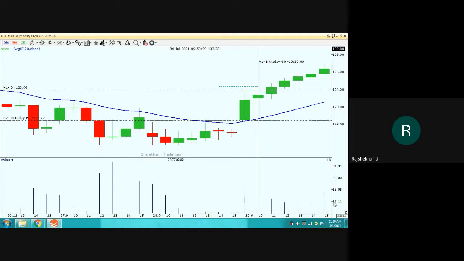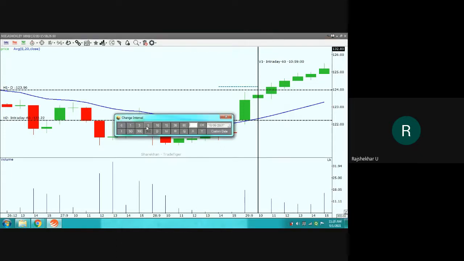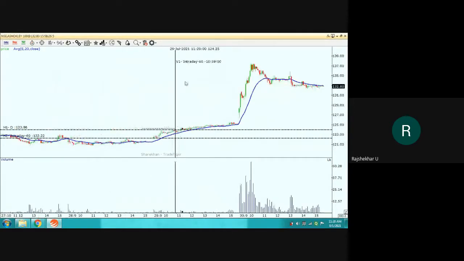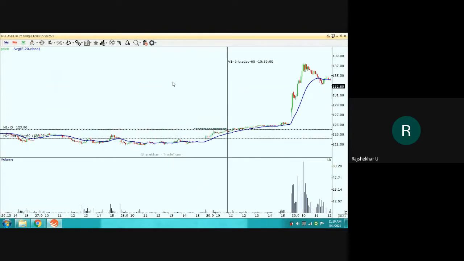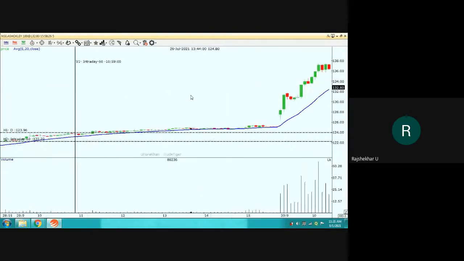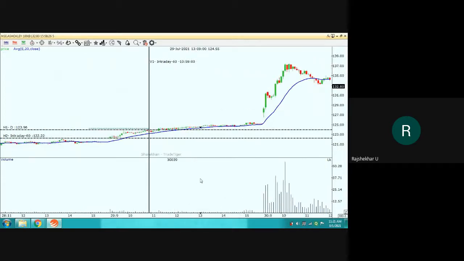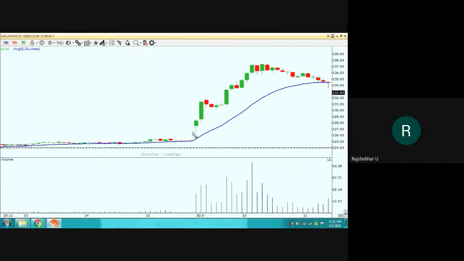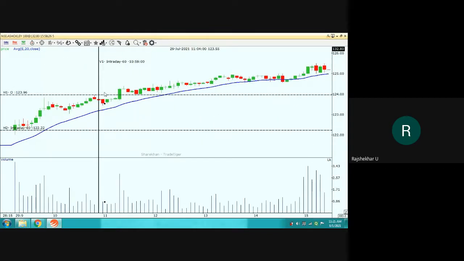Now this is the reference line to check the volume price action. Now see the consolidation, and the price is holding above the moving average.